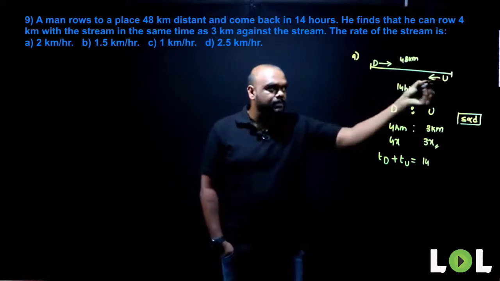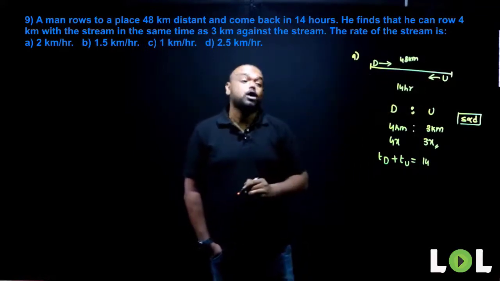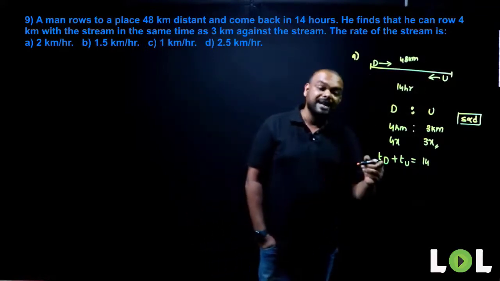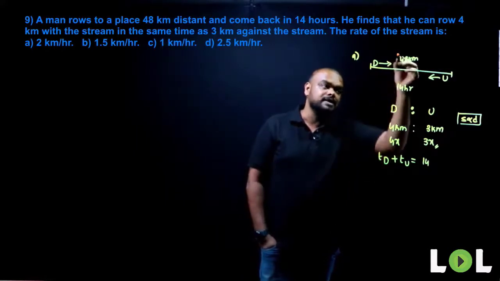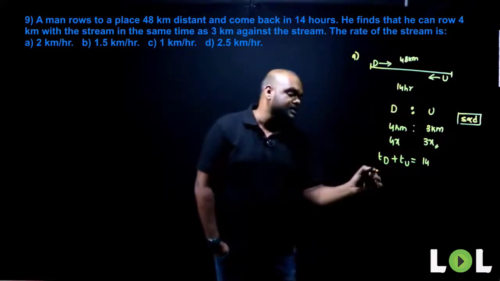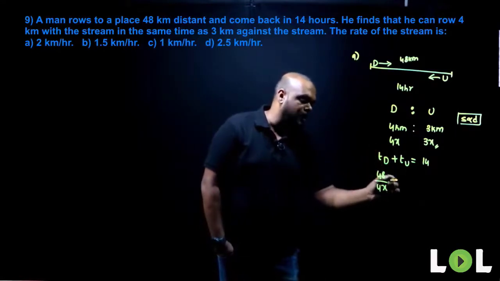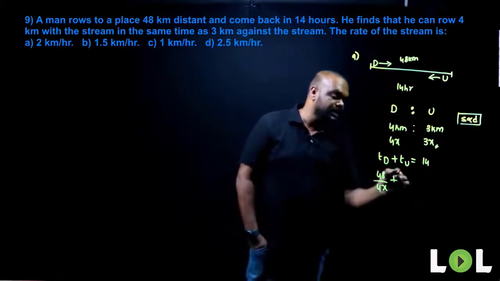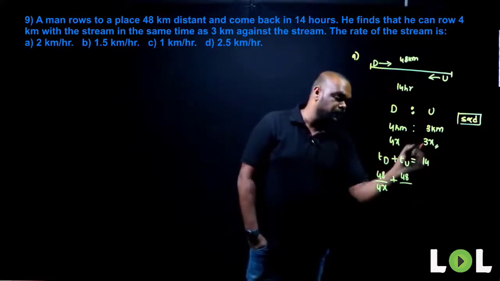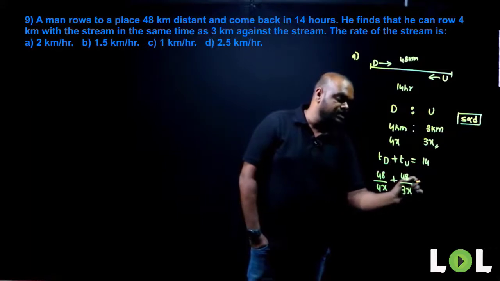How do I calculate time taken during downstream? Distance by downstream speed. What is distance? 48. What is downstream speed? 4x. Plus time taken during upstream: distance by upstream speed. What is upstream speed? 3x. That is equal to 14.